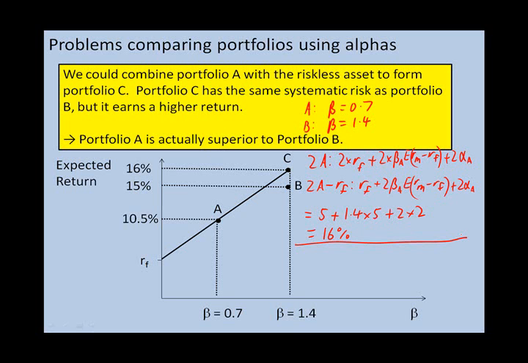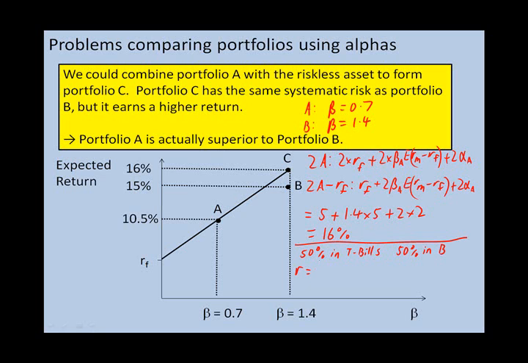Well, we could invest 50% in T-bills and 50% of our wealth in Portfolio B. That's going to give us market risk of 0.7. To see that, let's plug in the numbers. What is our return going to be?